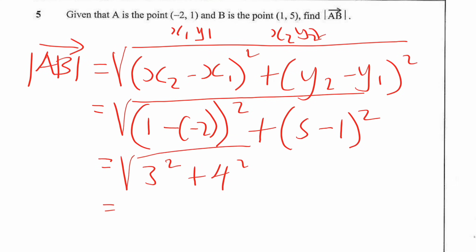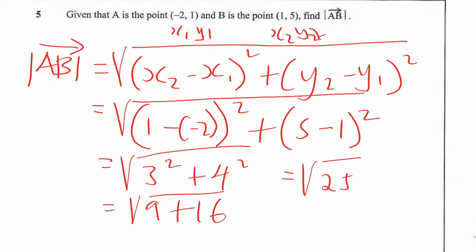So this is the square root of 3 squared is 9, 4 squared is 16. Then this is the square root of 9 plus 16, which is 25.